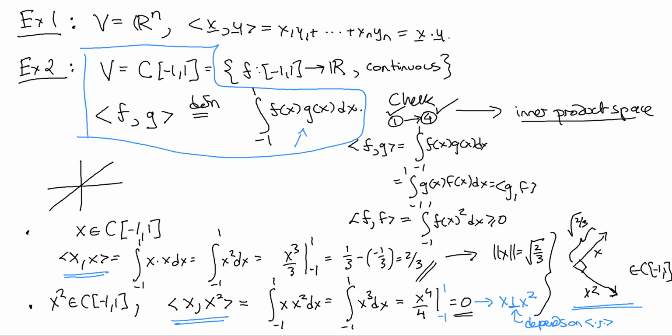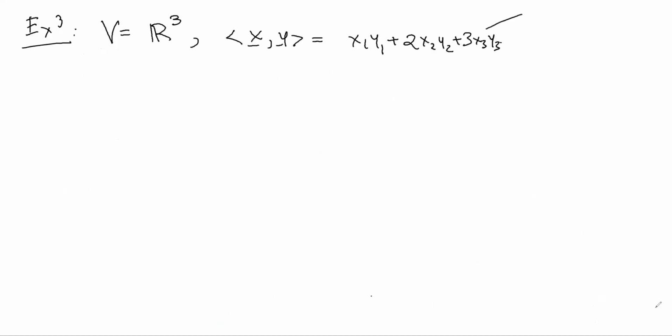But a different notion doesn't mean 90 degrees between them, does it? Yeah, this has a different notion of orthogonality.